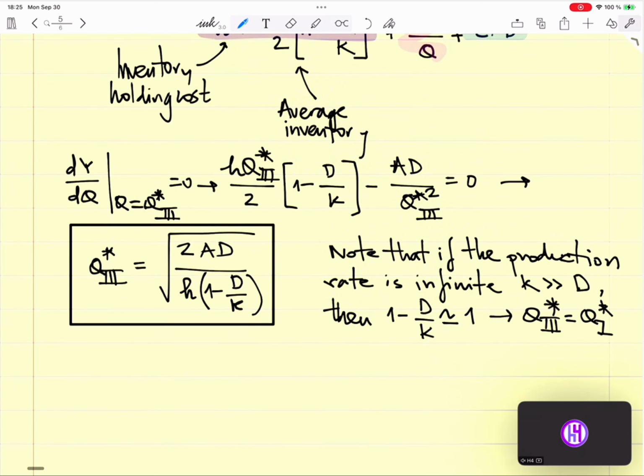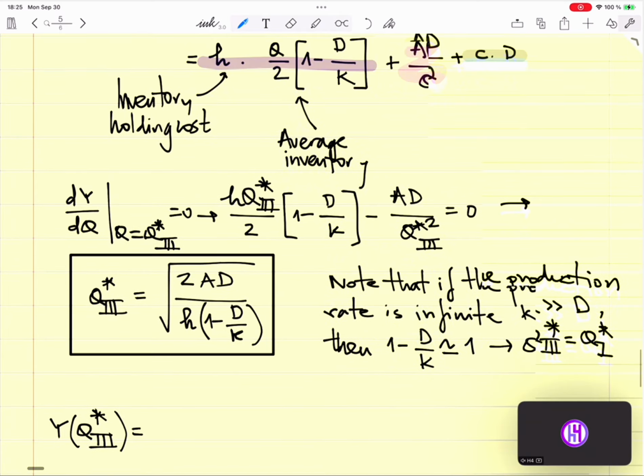So what is the optimum cost in this case? So now we need to replace Q3 star in this formula here.